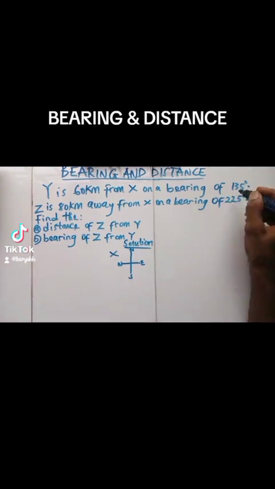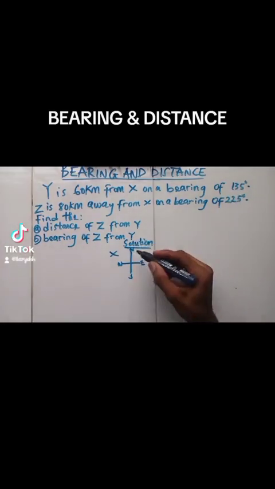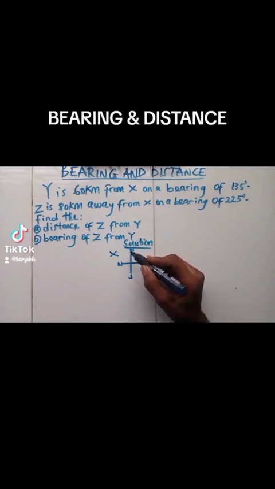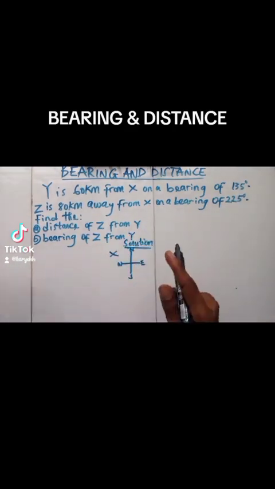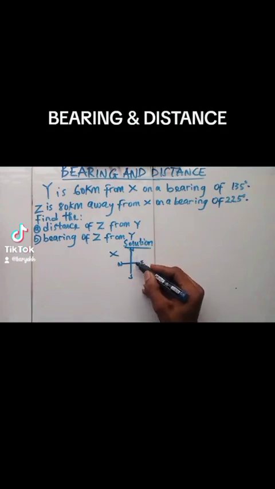Whenever you want to calculate a bearing, always start from the north. If you start from the north and move in a clockwise direction, I need 135. This is one quadrant and the total is 90. Then 135 should fall in the second quadrant, where the total is 180. So 135 should be somewhere here.